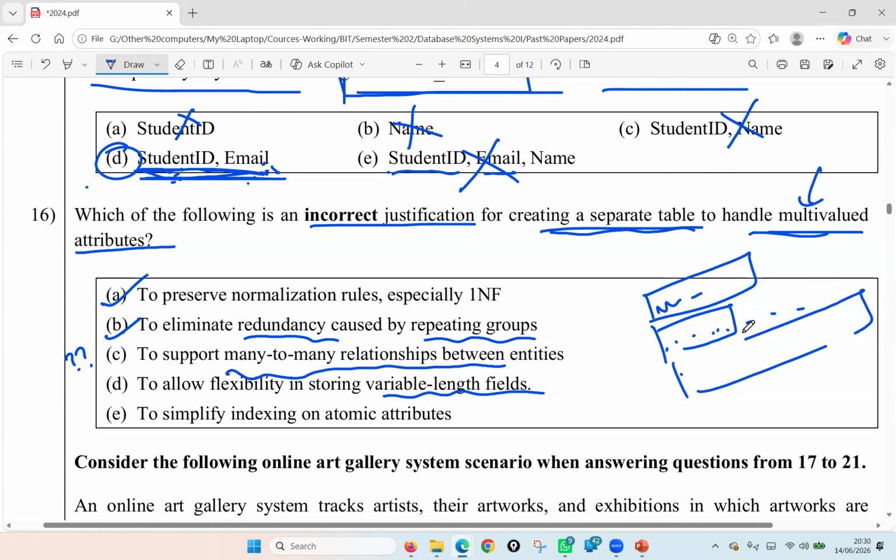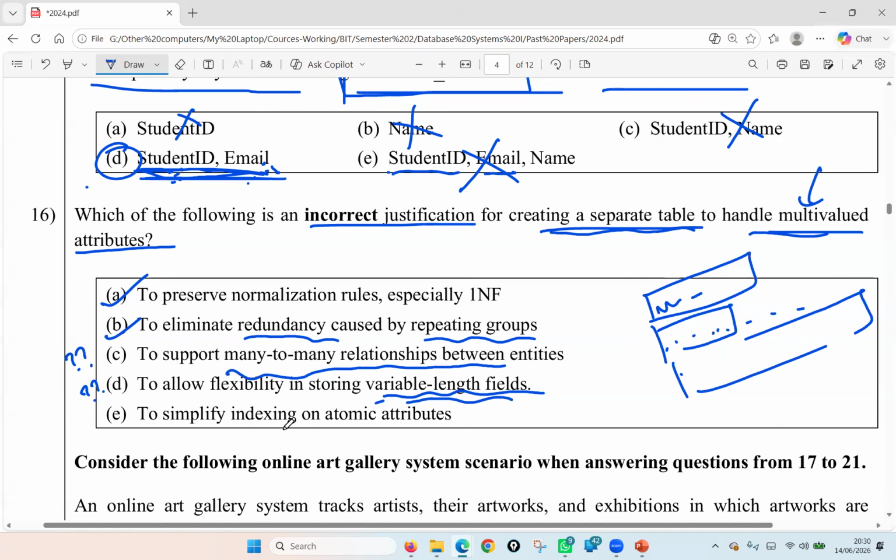But variable length and multi-valued are not connected. That's a different story, a different problem.